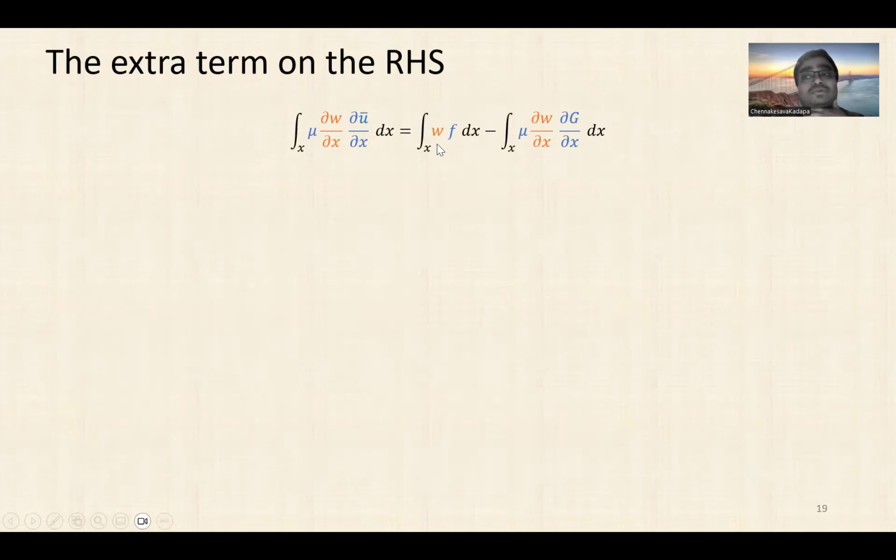Now, what does this extra term do? How does it help us in accounting for the Dirichlet boundary conditions, that is, non-zero Dirichlet boundary conditions? By following the discretization that we applied previously, we discretize u bar, like u bar equal to N u.